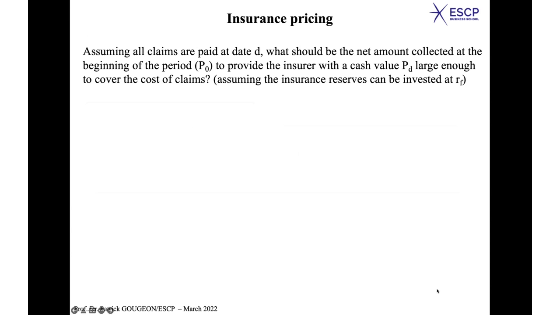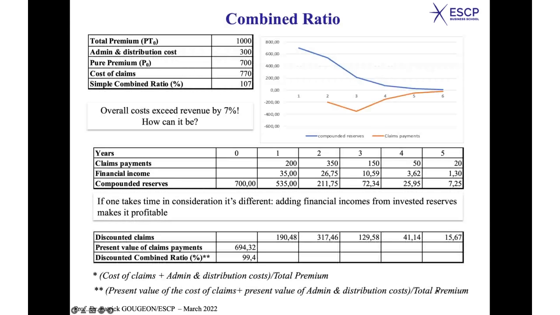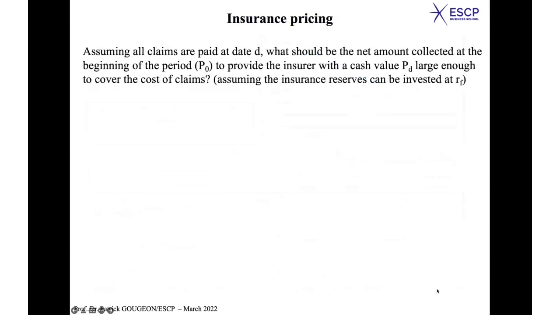So for the sake of simplicity, rather than having a series of payments, we are going to assume, again for the sake of simplicity, that all the claims are paid later at a certain date D. And then the question is, what should be the net amount collected at the beginning of the period, that is P0, the pure premium, to provide the insurer with a cash value PD, in other words, a certain amount of money at date D, large enough to cover the cost of claims, assuming that insurance reserves are invested at RF. RF stands for the risk-free rate.